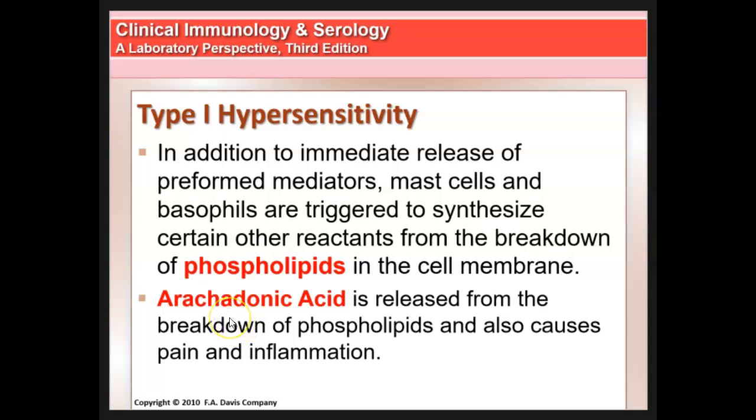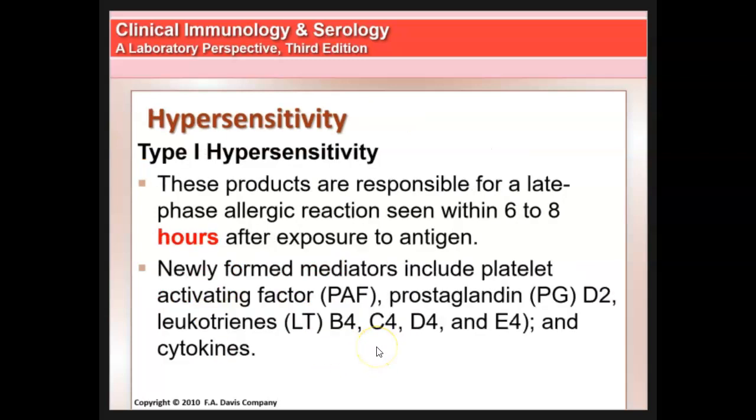Can you imagine Tabasco being dumped inside your body? That's what it's like. Okay, so type 1 hypersensitivity: these products are responsible for late phase allergic reactions seen within 6 to 8 hours after exposure to the antigen. Newly formed mediators include the platelet activating factor.